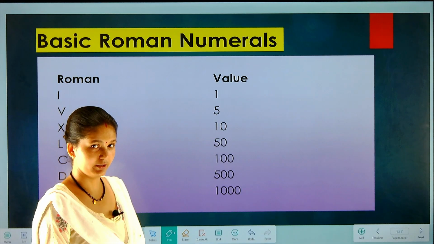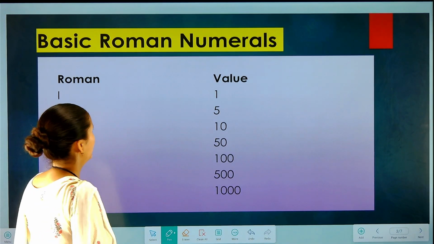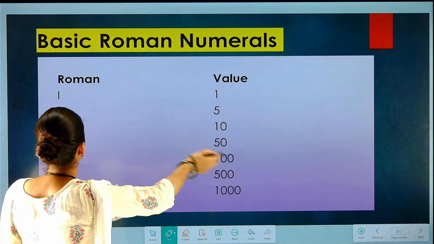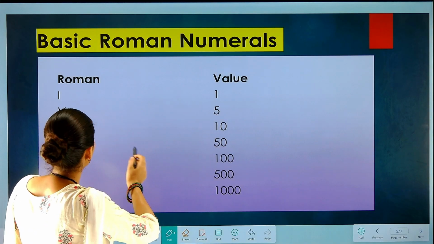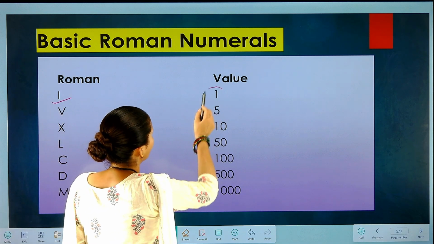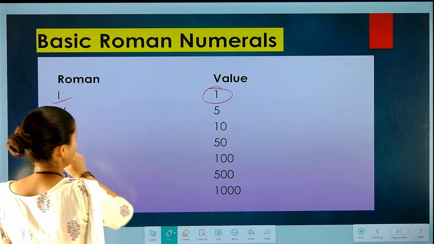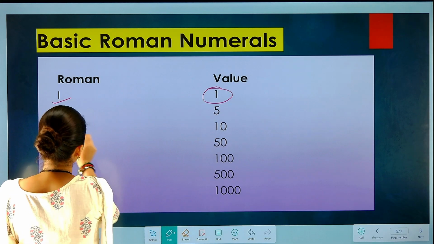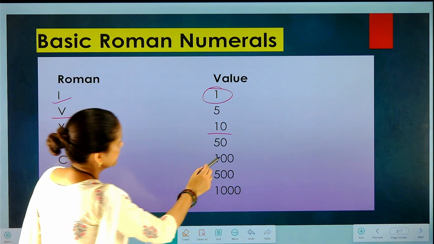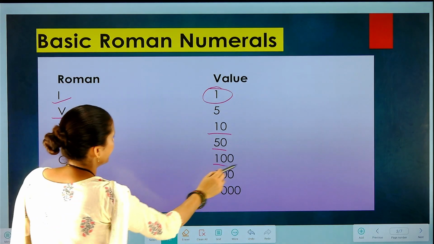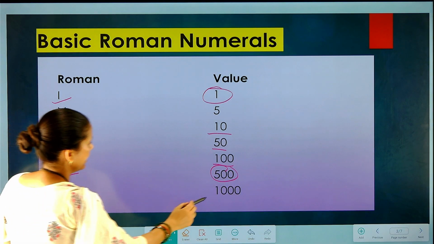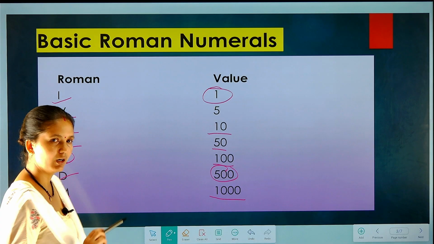Basic Roman numerals. First, we will learn the symbols or Roman values of numbers. So look here, there is I. We denote 1 by I, then 5 by V, 10 by X, 50 by L, 100 by C, 500 by D, and 1000 by M. Understood?